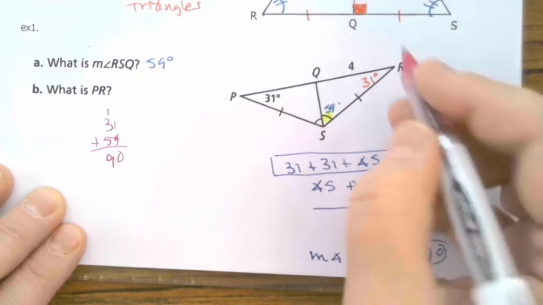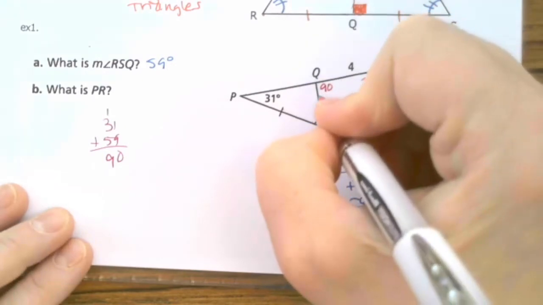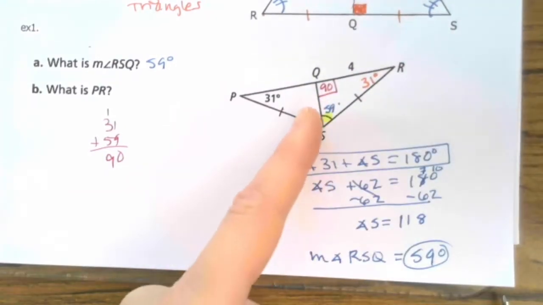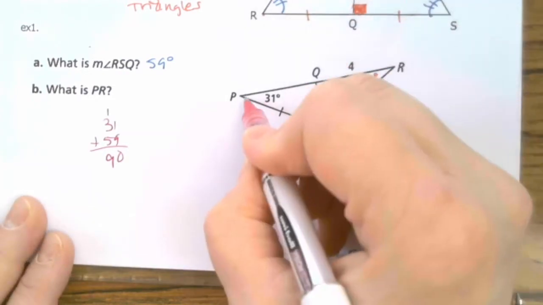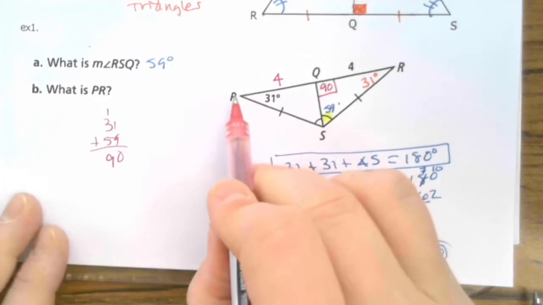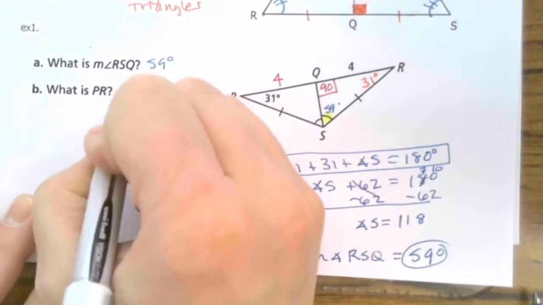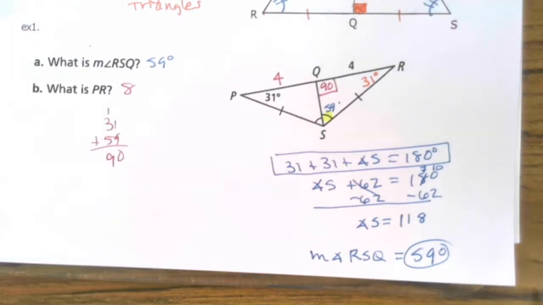Since all three have to be 180, this one has to be 90 degrees. Now that we have a perpendicular bisector, we can use the corollary to say that it bisects PR. So PQ must be 4. That would mean that P to R would have to be 8. All right, flip the page.